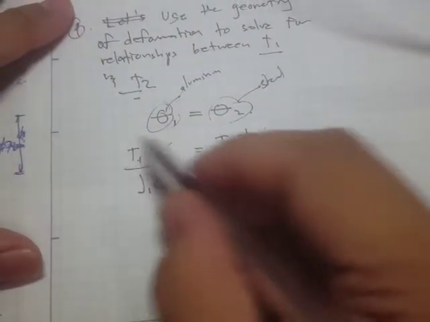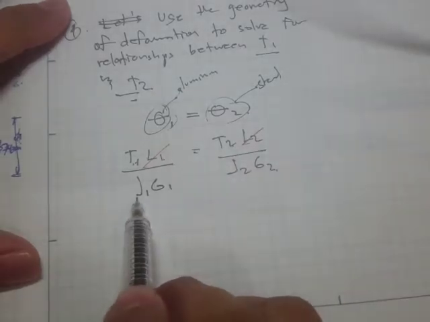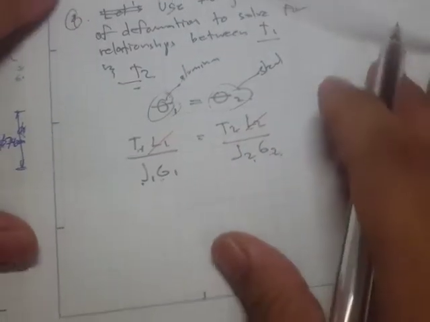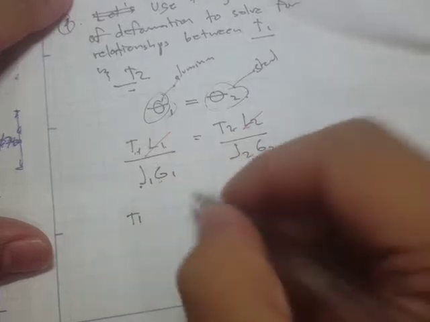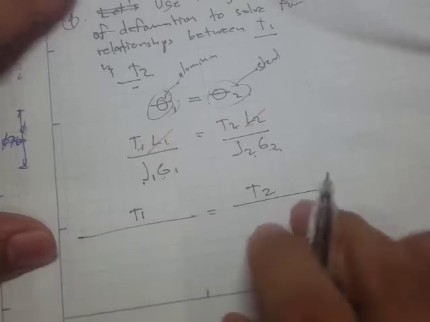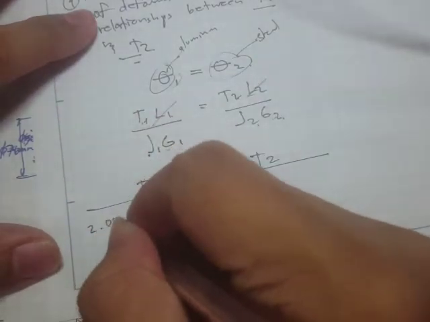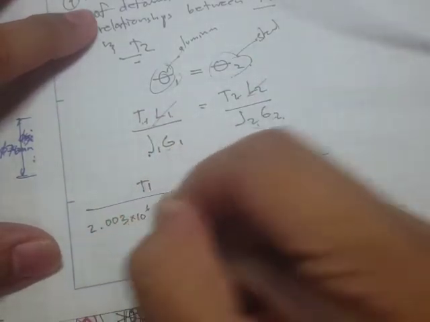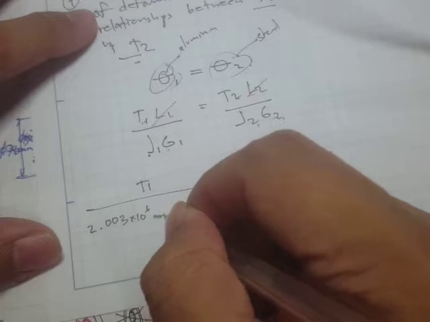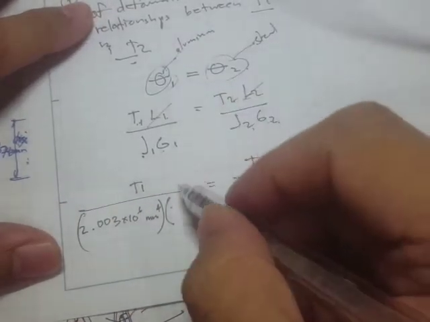We don't have the T1, we don't have the T2, but we have the polar moment of inertia and the modulus of rigidity. And so basically, we can obtain a relationship between T1 and T2. Okay, so what is J1? It's 2.003 times 10 to the 6 mm to the fourth, times the modulus of rigidity of aluminum.